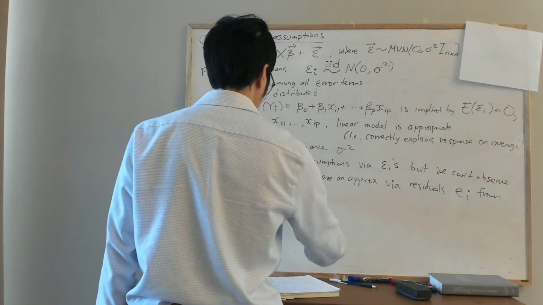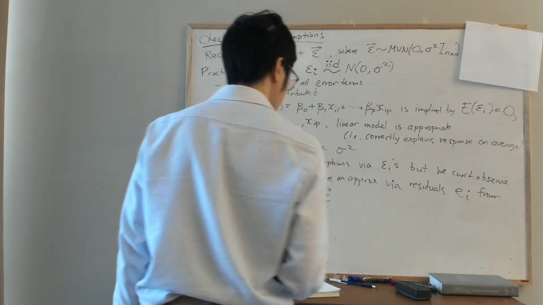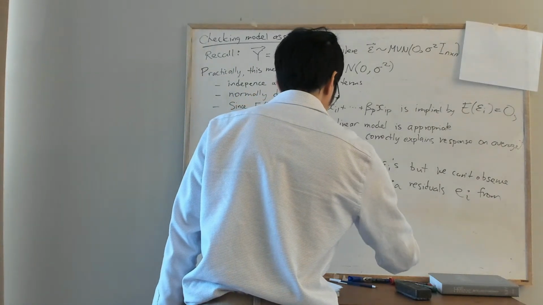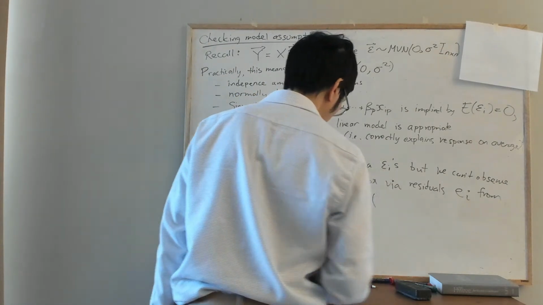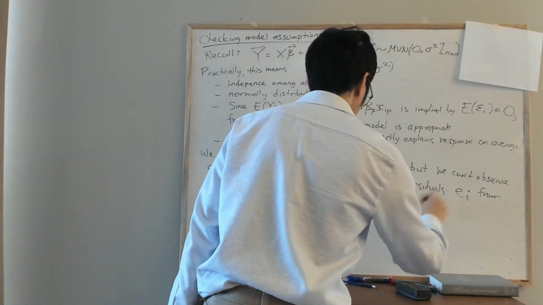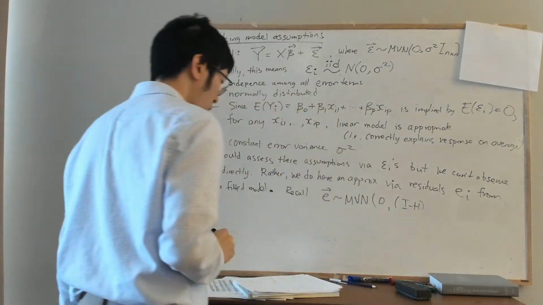Recall the relationship that the residual vector, as we previously showed, is multivariate normal distributed, mean zero, and the covariance matrix is identity minus the hat matrix times sigma squared.